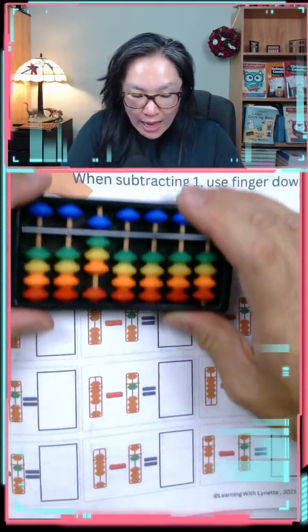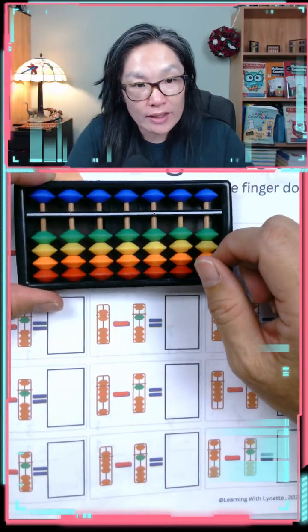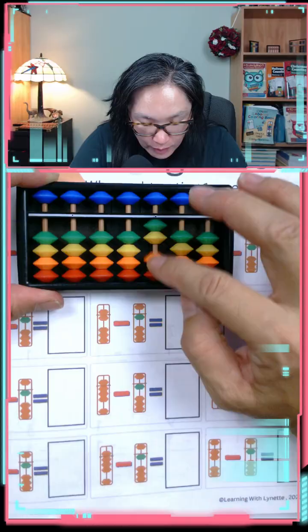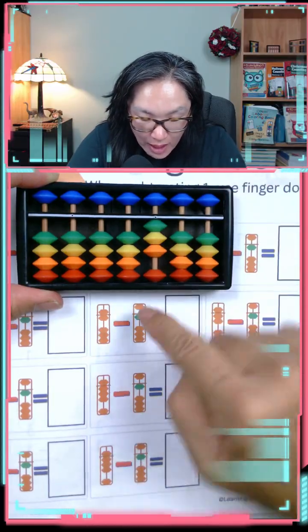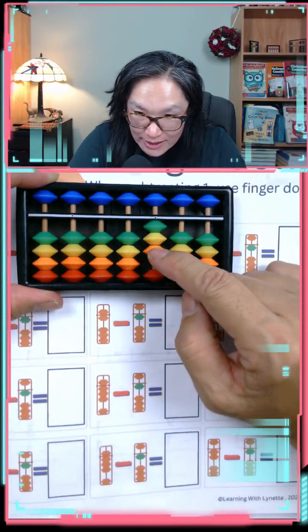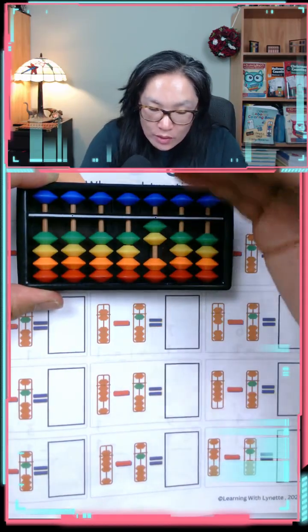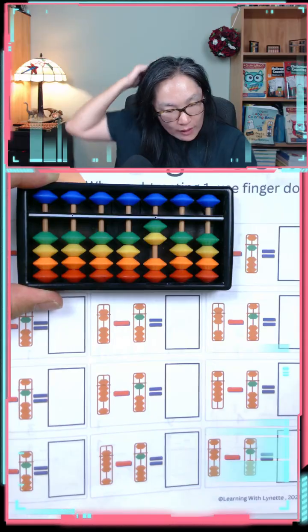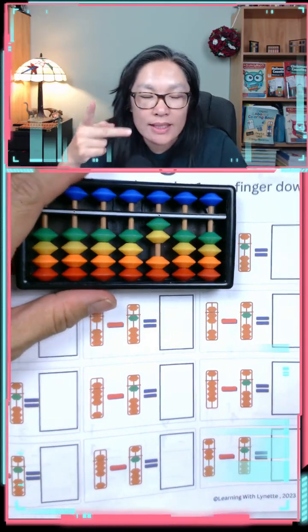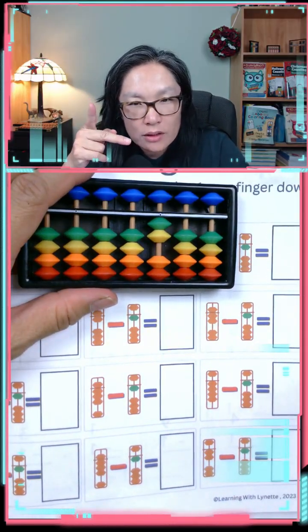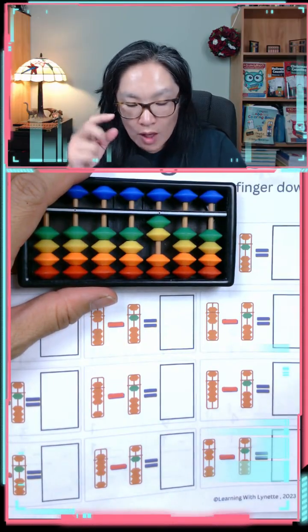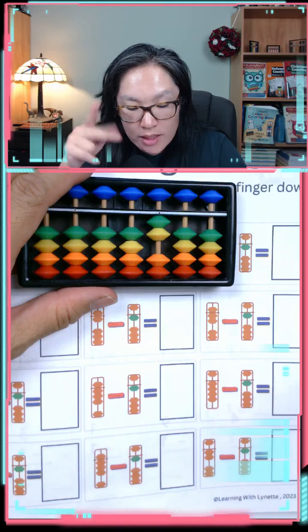So when we have to add, we know how to add, we will subtract. Adding, you go to the reckoning bar, the horizontal bar. This is 3. I want to take away 1. Can I do it? Yes, I can take away 1. So all I got to do is take it away from the horizontal bar. So it is the opposite. It's the inverse movement, which is really cool because then you're going to start seeing number patterns.